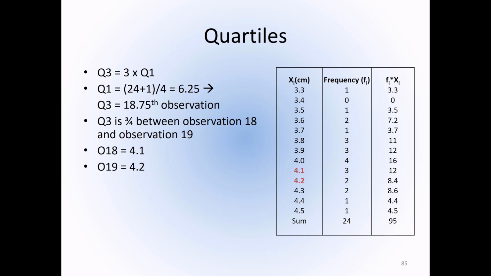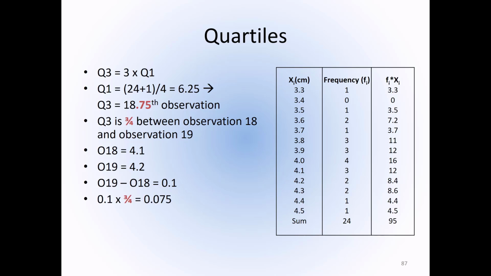So first step here after we get our observation number 18.75 is we take the difference between the two observations that border this particular observation number, 18 and 19. If we take this, the difference is going to be 0.1 because our observation 19 is 4.2, observation 18 is 4.1, so the difference is 0.1 centimeters.